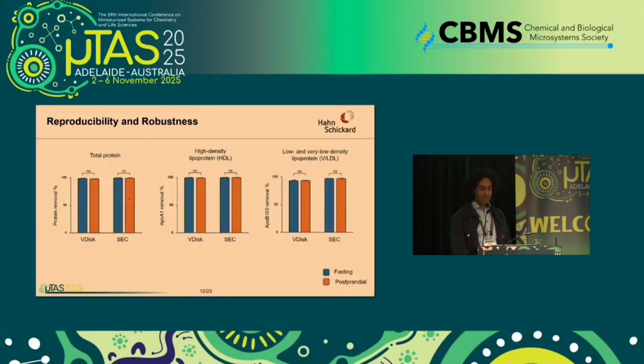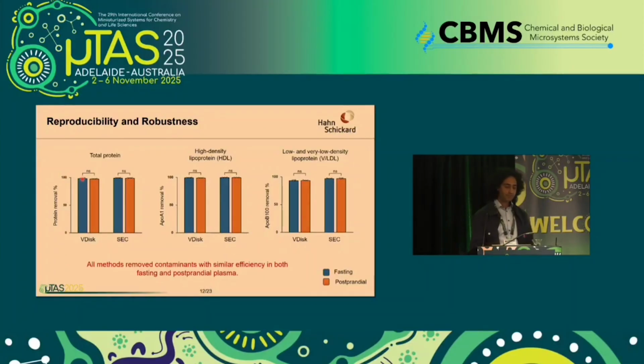What you can see here is the efficiency of both methods in removal of the already mentioned contaminants, basically proteins, HDLs and VLDLs. Interestingly, both methods could remove the contaminants with the same efficiency in fasting and postprandial samples. However, as we saw in the previous slides, the variability of the SEC was slightly higher.